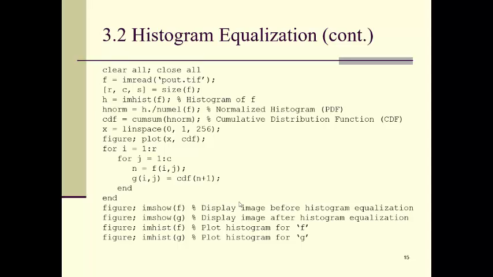So the pixel with the smallest value has been mapped to the smallest value in the range, and the pixel with the maximum value has been mapped to the maximum value of the range. If I find any value in between, it will be somewhere within this range. So like this, I have expanded the range of the pixels that I have.